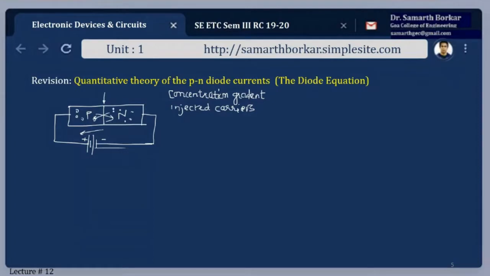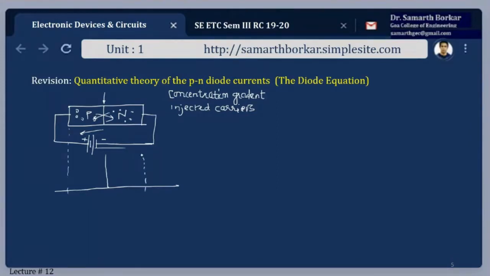When they move into the P region, recombination of hole and electron is going to take place. So if I draw the concentration, and this is the junction, the concentration of electrons is maximum here. Let me draw the physical boundary.